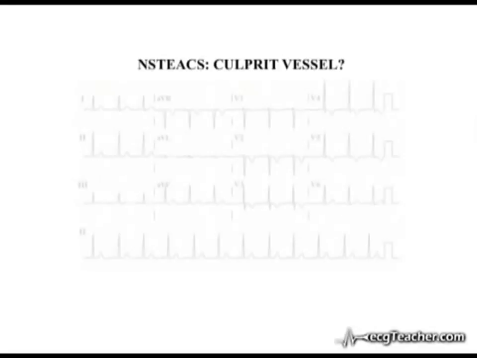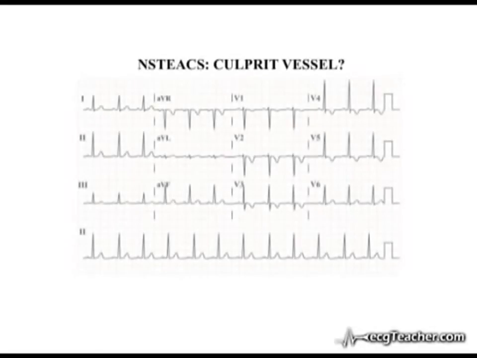The mechanisms generating ST depression and T-wave inversion in patients with unstable angina and non-ST elevation MI are poorly understood. They may relate to abnormal electrical events at the margins between ischemic and adjacent normal regions of myocardium.